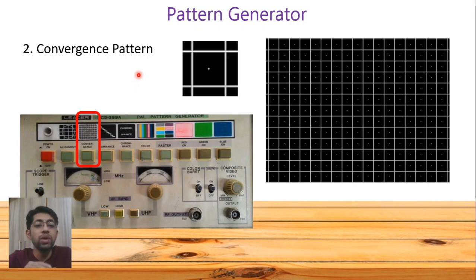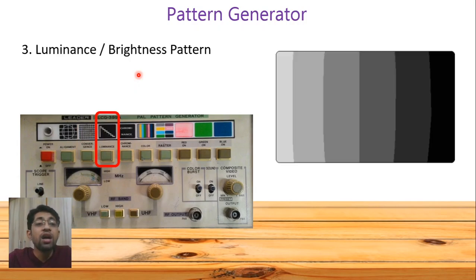So let us move to the next one, which is the luminance pattern. Now the luminance pattern is also called a brightness pattern. It is used to set the brightness of your TV set, or you may find out whether any problem is there in the circuit which deals with the brightness or luminance.